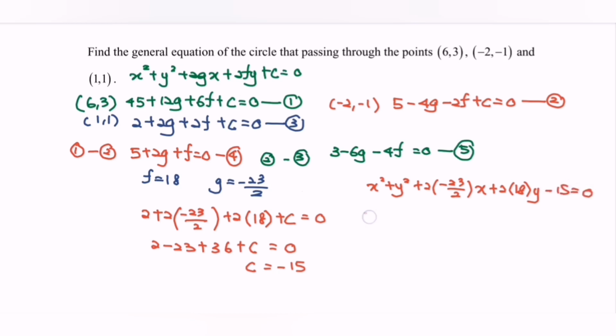Simplify the situation. So x squared plus y squared minus 23x plus 36y minus 15 is equals to 0. So here we have the general equation of the circle that passing through the points 6, 3, negative 2, negative 1, and 1, 1.